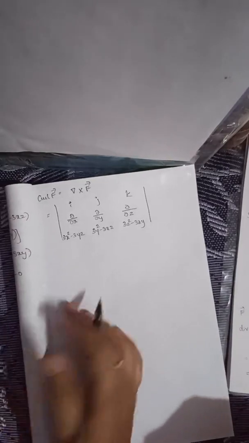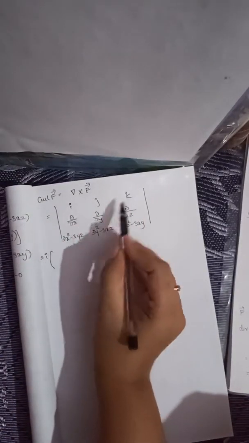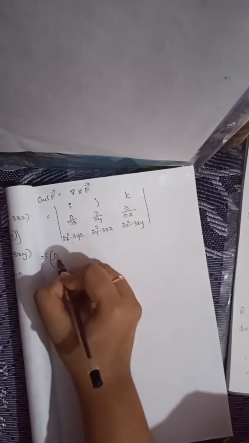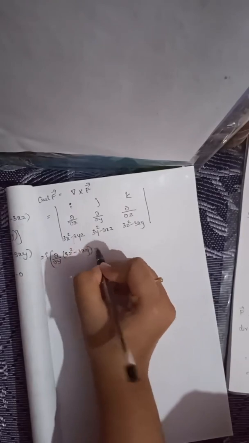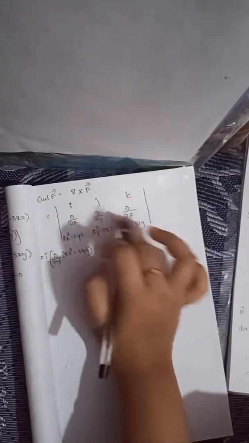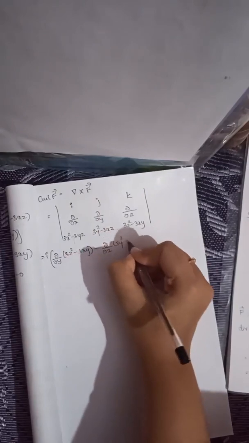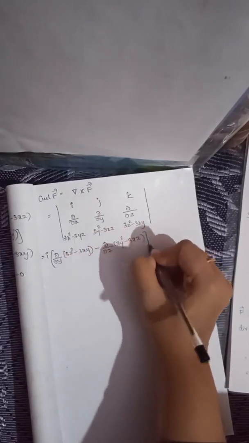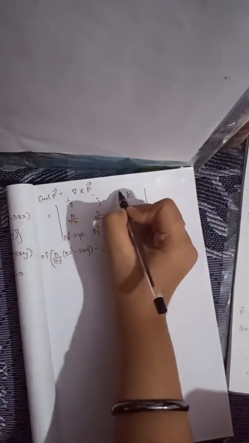You know how to find. It is first i into this, and this gets eliminated, this into this, that is ∂/∂y of 3z² minus 3xy, minus this into this, that is ∂/∂z of 3y² minus 3xz. Done. Minus j into this; first we take plus, next minus, next plus.